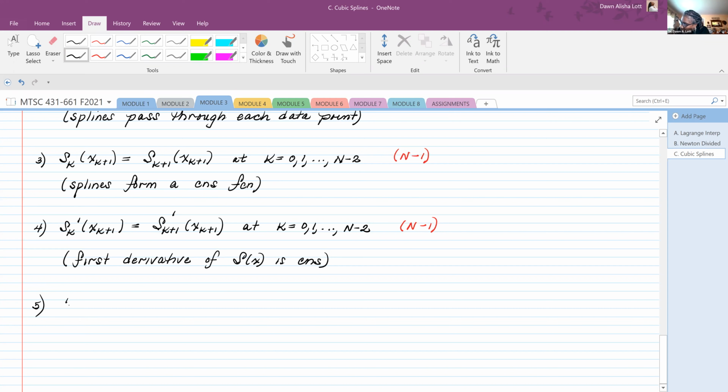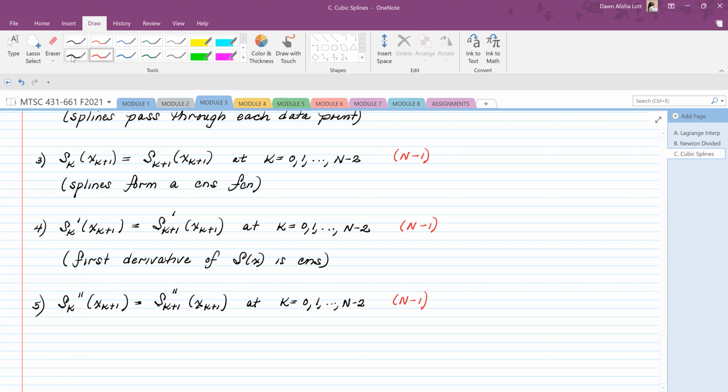So sk double prime at xk plus 1 has to equal sk plus 1 second derivative at xk plus 1. And again, for k equal to 0, 1, all the way up to n minus 2. So this is n minus 1 constraints.